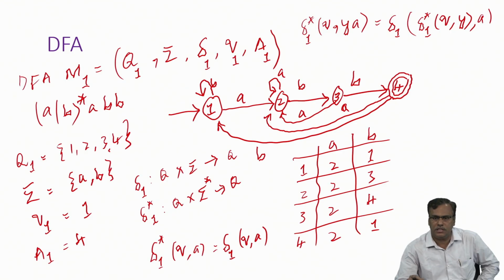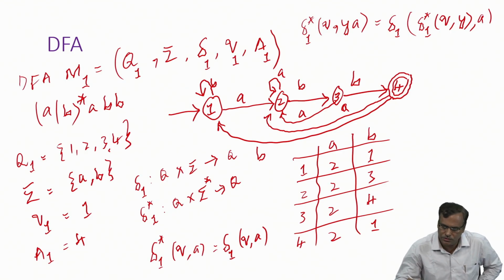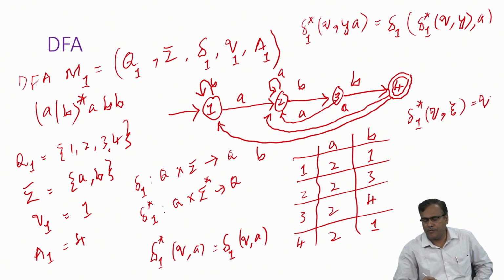Epsilon is an empty string whose length is 0. So delta 1 star of Q on epsilon is Q itself. You just make a note of that. So this is what this DFA is.